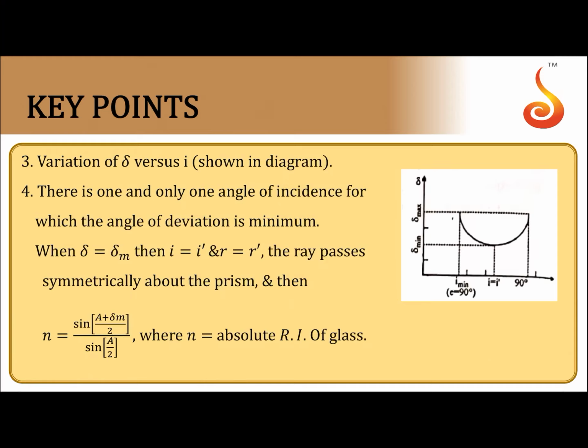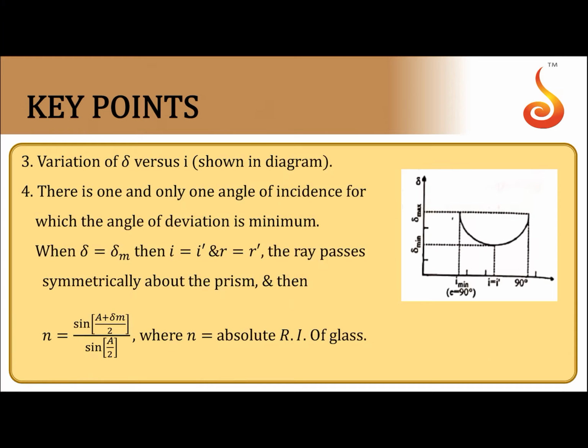The variation of del versus angle of incidence graph is an important graph, and we see that there is a unique angle of incidence for which the deviation will be minimum, and for any other deviation there are two possible angles of incidence.